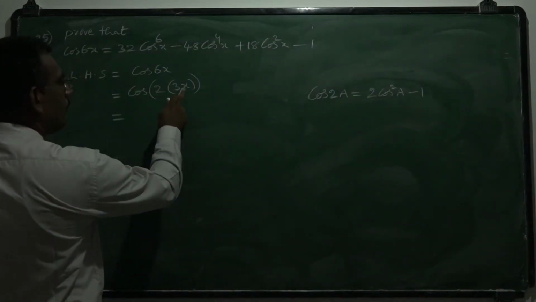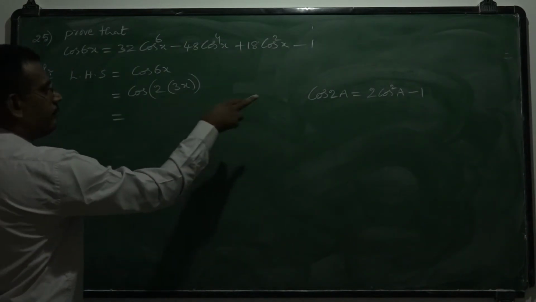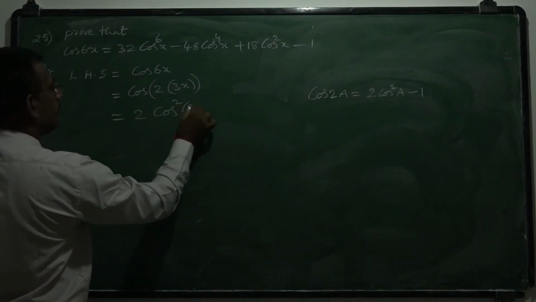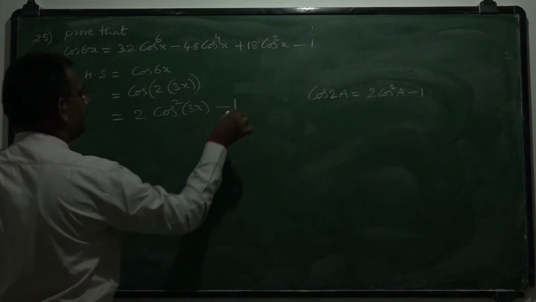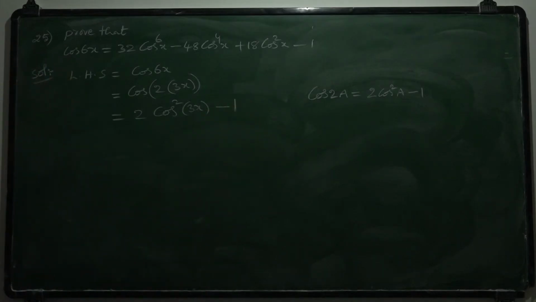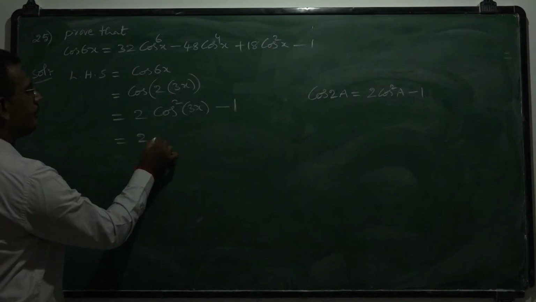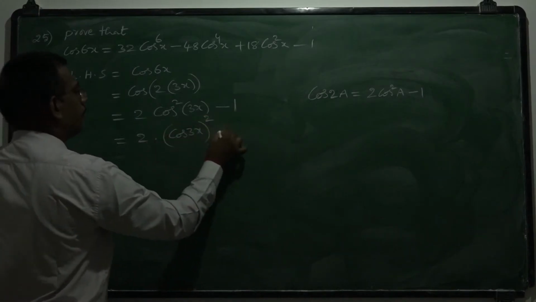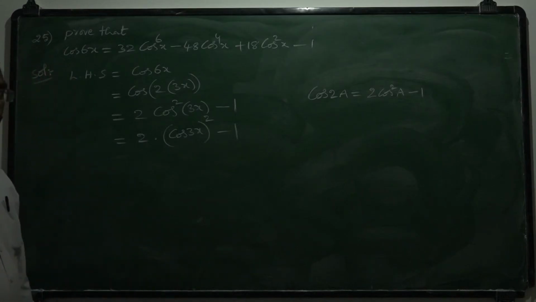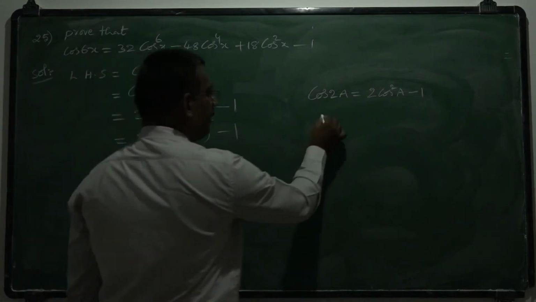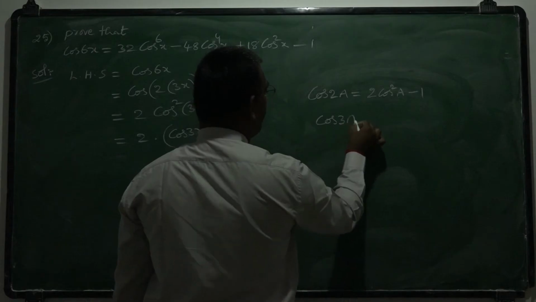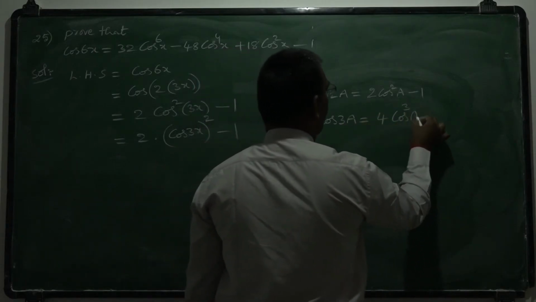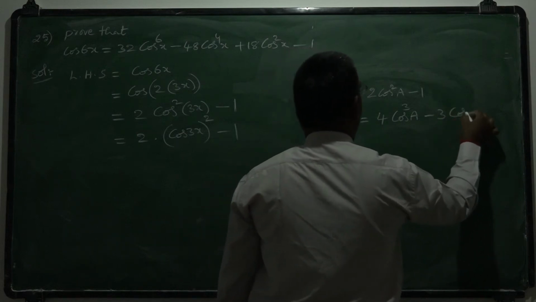So here a is what? A is 3x. So apply the formula here: 2 cos square 3x minus 1. It means 2 times cos 3x whole square minus 1. We know the formula of cos 3a: cos 3a is equal to 4 cos cube a minus 3 cos a.